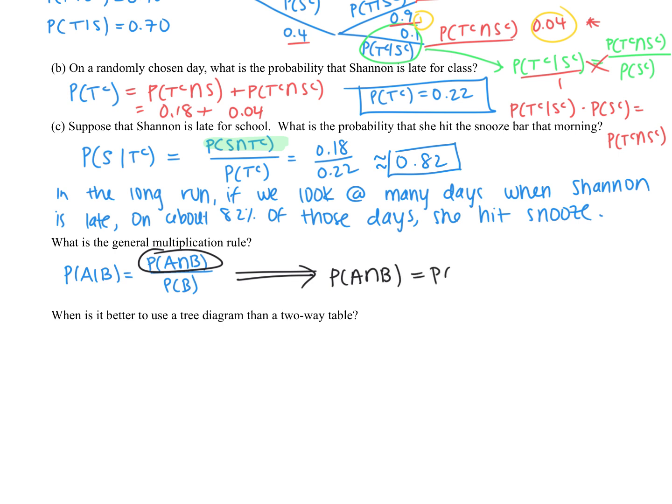The AND is just the conditional multiplied by the probability of the given. So all it is doing is rewriting this one. The general multiplication rule is not on the formula sheet because it's just a version of the conditional probability.